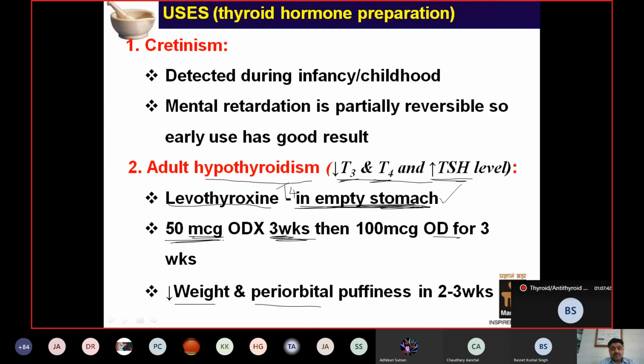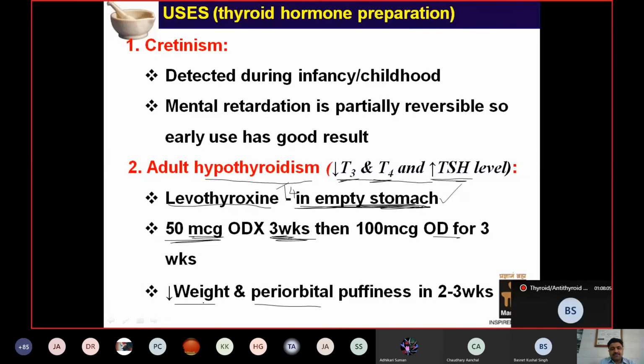Generally, you will see the puffiness in the eyes, and a pale face. In hypothyroidism, there will be weight gain, because the basic metabolic rate decreases. There will be constipation, and fat deposition below the skin.